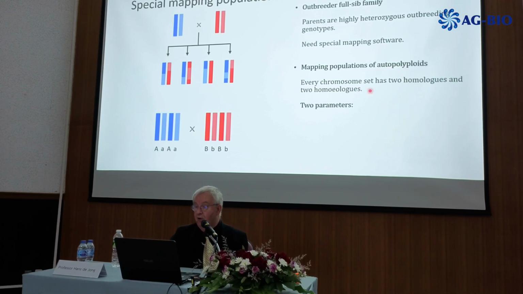Every chromosome has four homologs, consisting of two pairs. So here the two blues are the identical chromosomes, and the dark blue and the light blue are the other pair. See here, capital A, small a, or you can say A prime, and so forth.